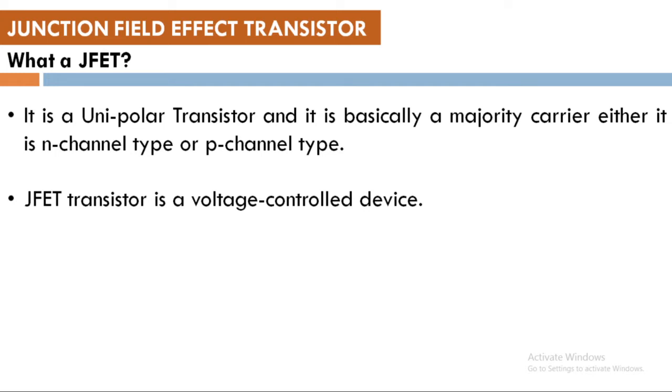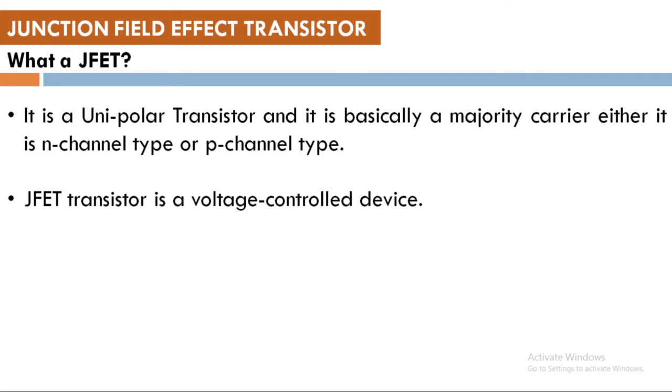Now, the transistor that we have seen earlier, if you have a close look at the output characteristics of a common emitter transistor, you will be able to see that the behavior of the transistor is actually getting controlled if we change the input current, that is the base current.